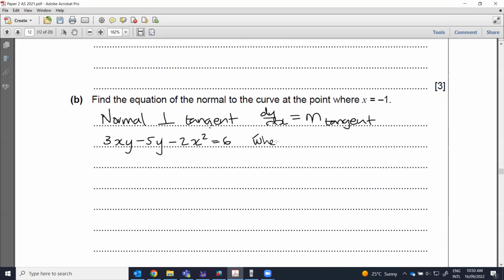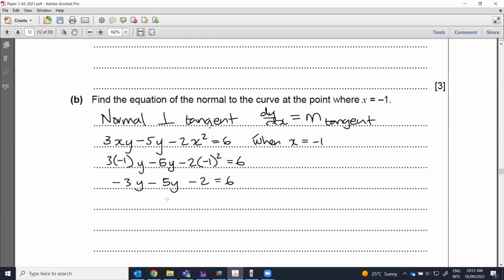So when x is equal to -1, we have 3 times -1 times y minus 5 times y minus 2 times (-1) squared is equal to 6. This is minus 3y minus 5y, and this is minus 2 is equal to 6.